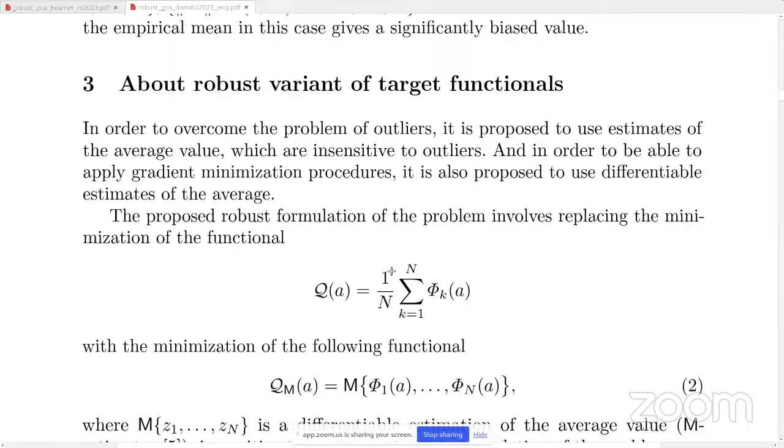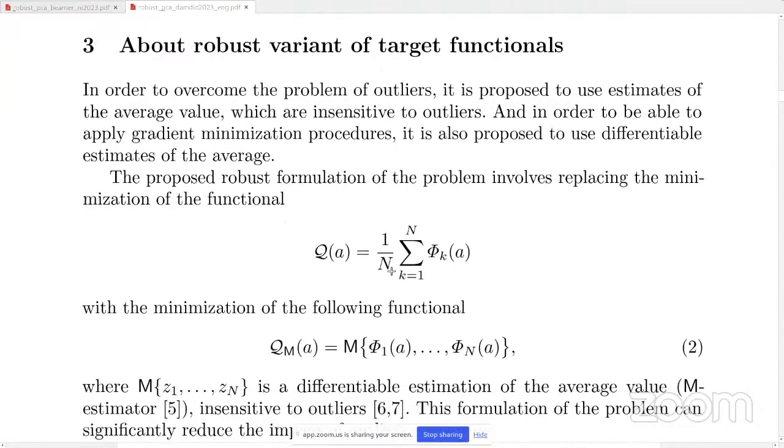This approach is based on replacing the mean average function for estimating mean values by another functional that gives a differentiable estimation of mean values.